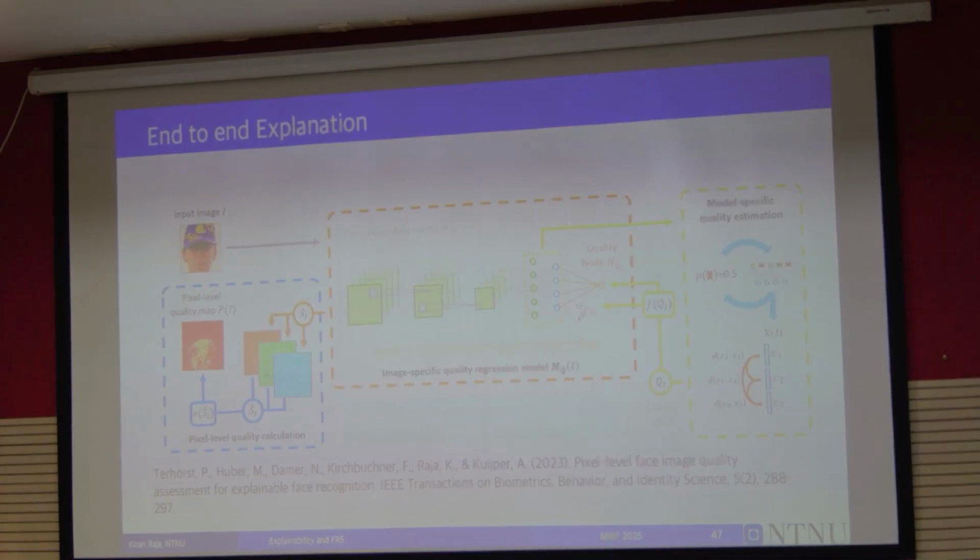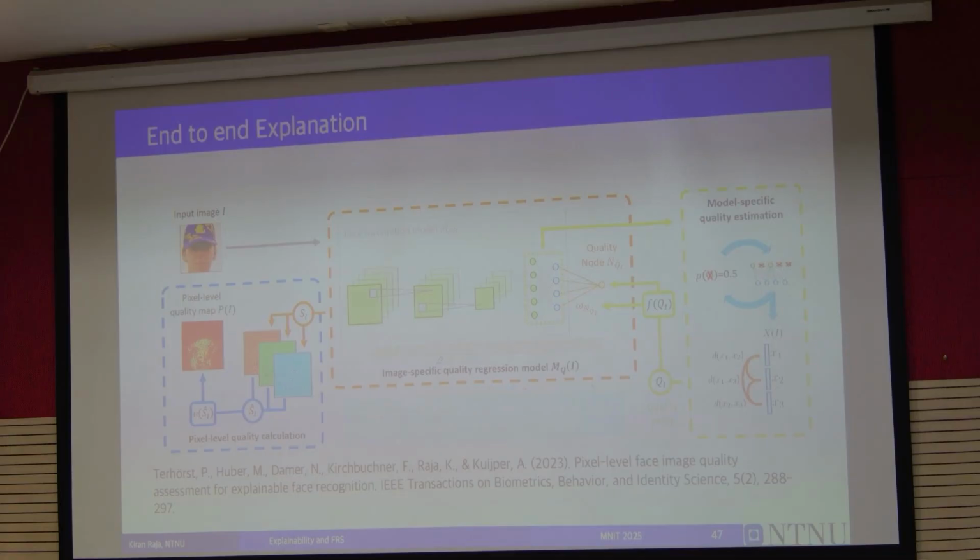Okay, so what can I do? I can go back to the idea of gradients. I know that gradients tell me something, and I can introduce some kind of pixel-level quality computation here by taking the face recognition model, any model that you have, looking at the gradients, and trying to measure how much the probability is flipping by looking at these embeddings.